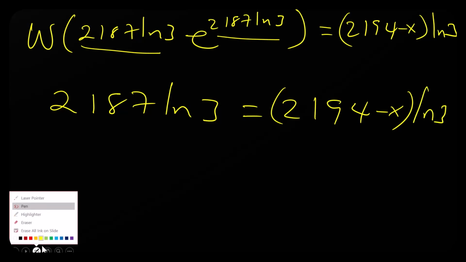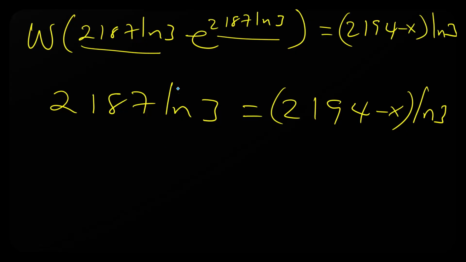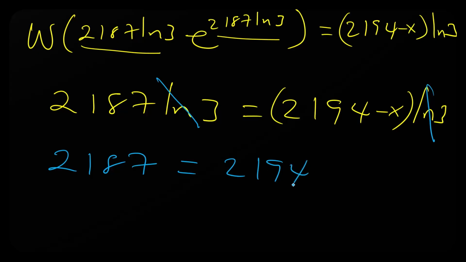So guess what? This one will cancel the ln of 3. So we have 2187 equals 2194 minus x.